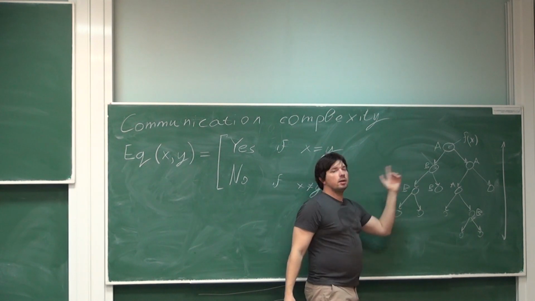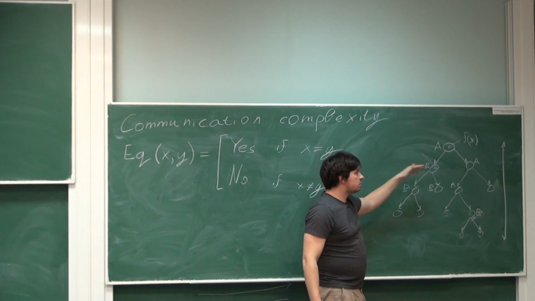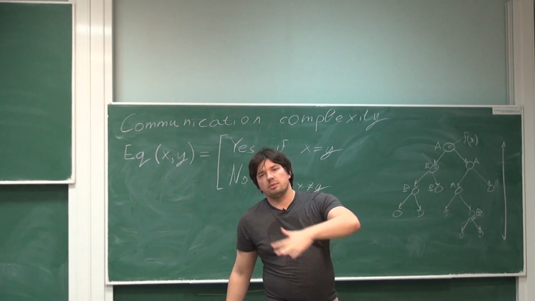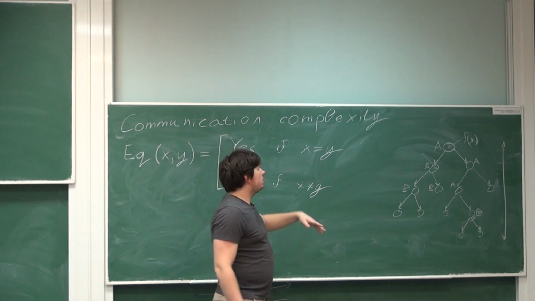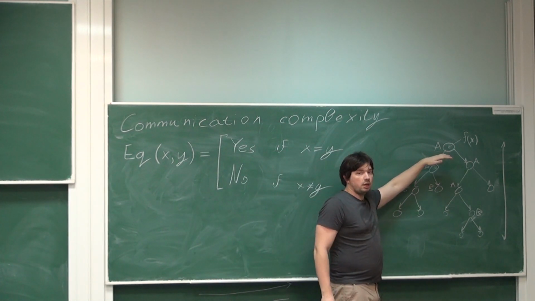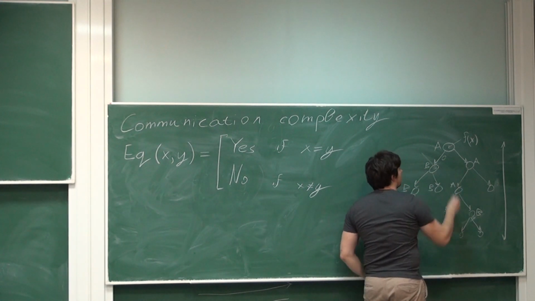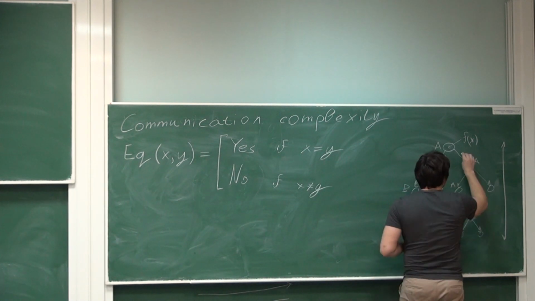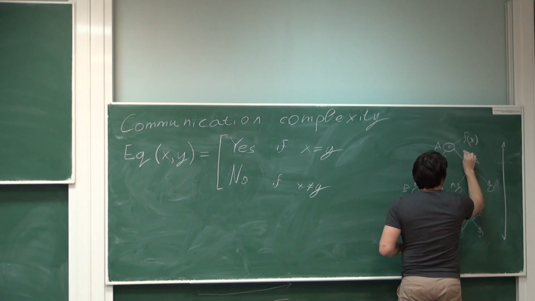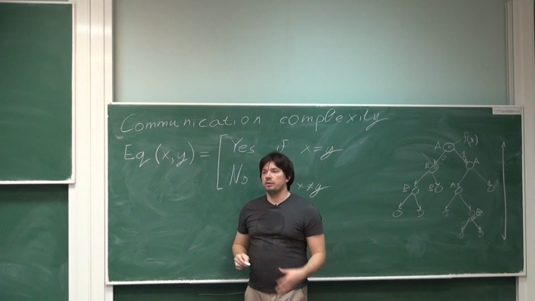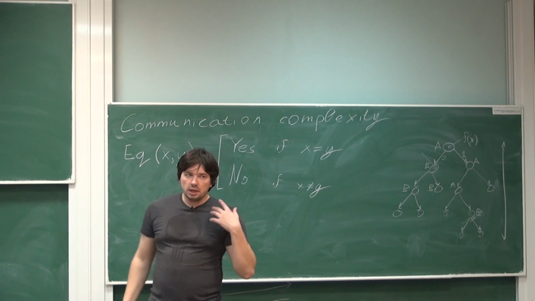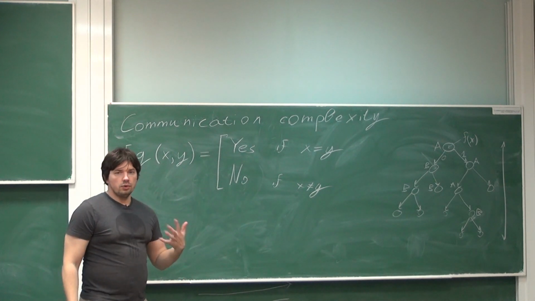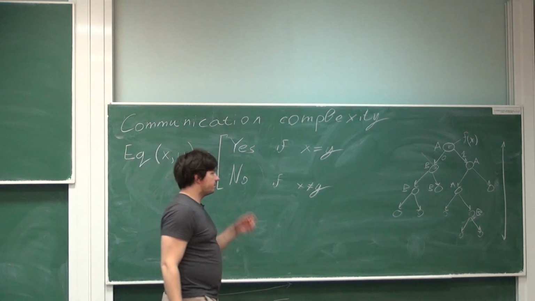And you can tell that it's not always that Alice sends a bit, then Bob sends a bit, then again Alice sends a bit. So it can be that after the first bit of communication, if Alice sends 0, then now it's Bob's turn to communicate. But if Alice sends 1, then she will send another message after that. It's only required that at any point they both know who is to speak. All right.